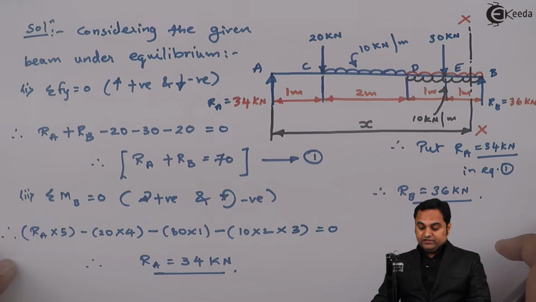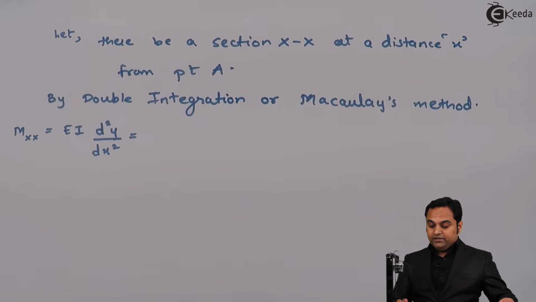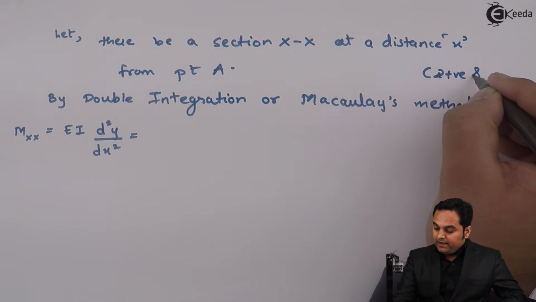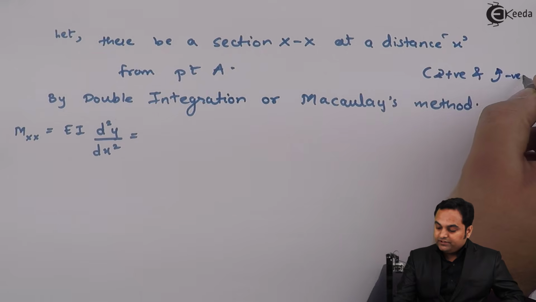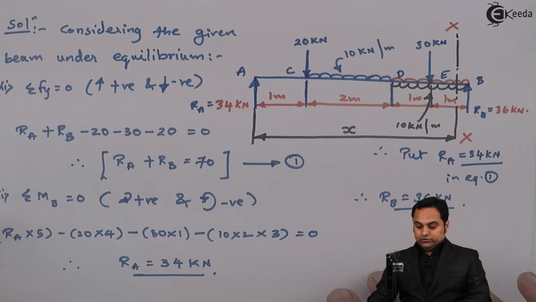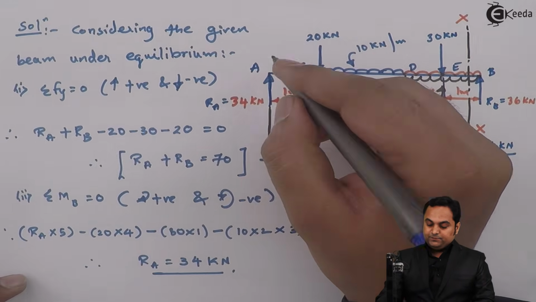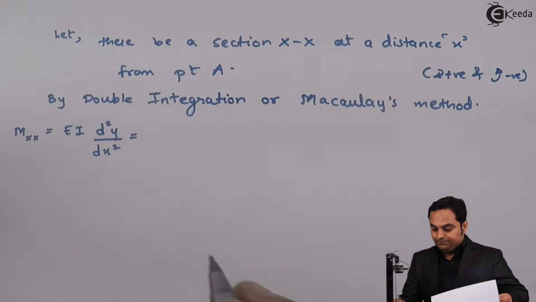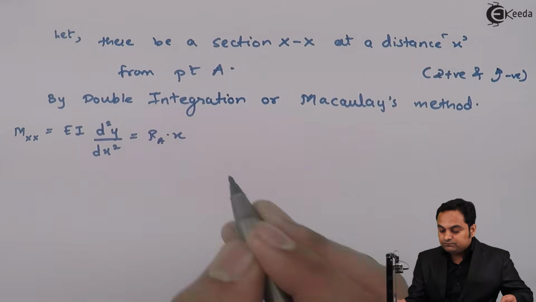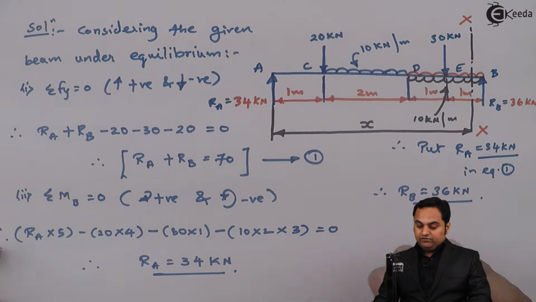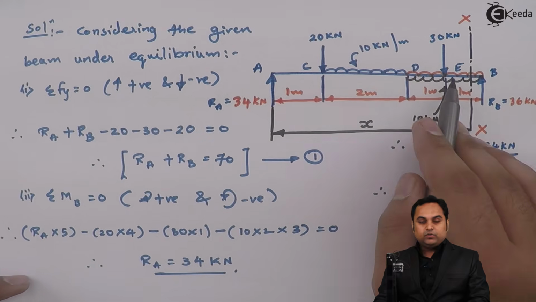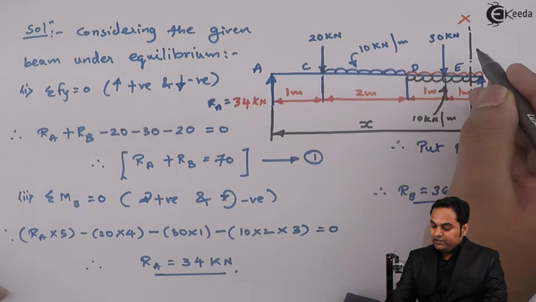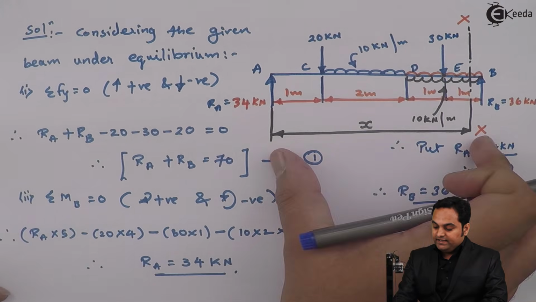The first thing is, when I am taking the moment, here again I'll take clockwise moment positive and anti-clockwise moment negative. So the first thing is RA, and it produces clockwise moment, so it is RA into X. Next we have 20, which produces anti-clockwise moment, and the distance between 20 kilonewton and XX section is X minus 1.